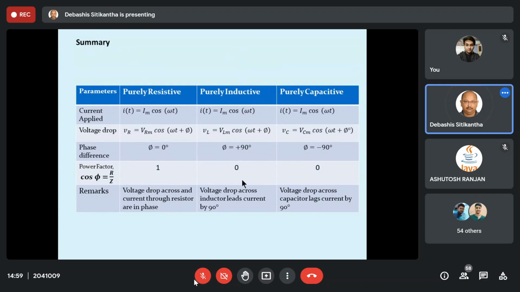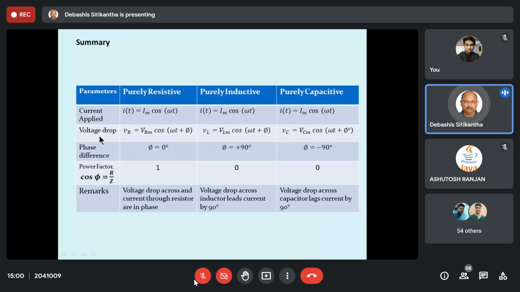As you can see in this table, this column represents all the parameters that we are going to discuss, and these columns indicate the different circuit elements we were talking about. The first parameter is the current applied, and in each of these it is given by the expression Im cos omega t.